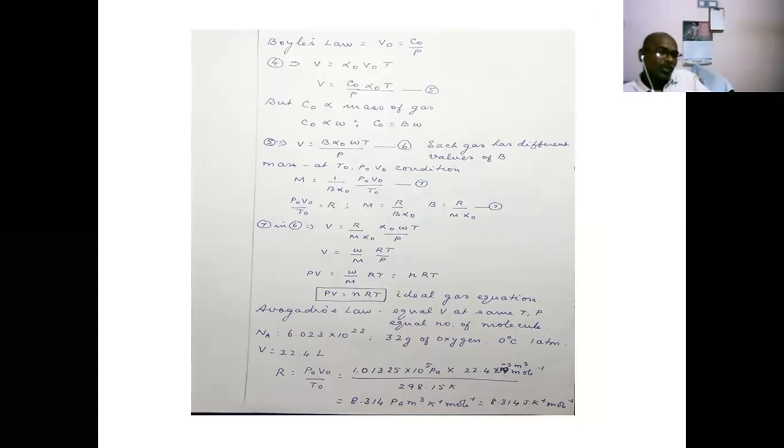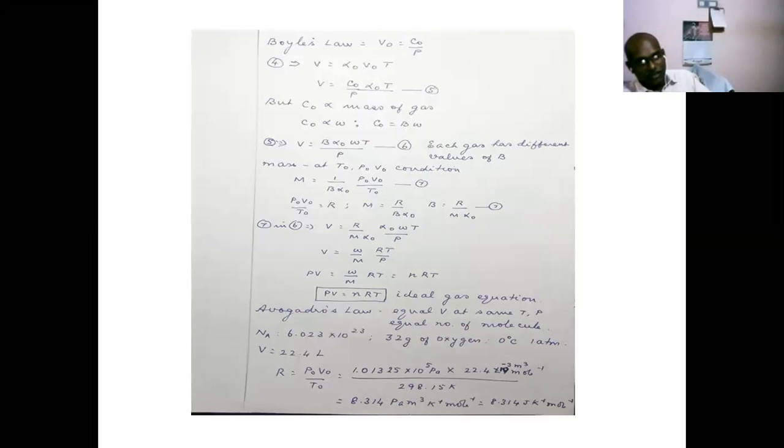If intermolecular forces are there, then the pressure calculated using the ideal gas equation and the experimental pressure will have a vast difference. That is why the pressure of a real gas is called fugacity, which is called the effective pressure.